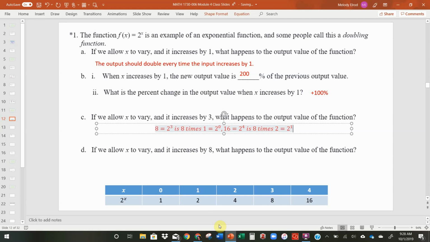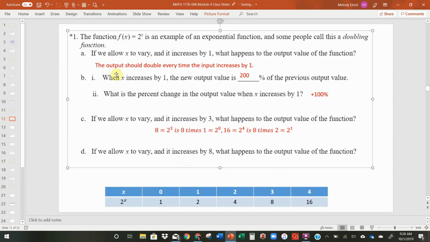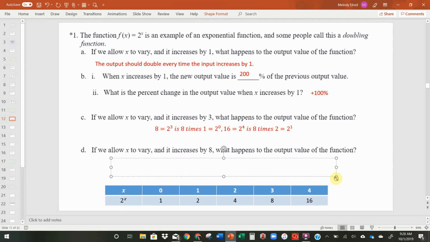So when the input goes from 0 to 3, the output increases by 8 times. What do you think would happen if we allowed the input to vary by 8? What would happen to the output of the function? We could do some actual values, or we could think a little more abstractly.